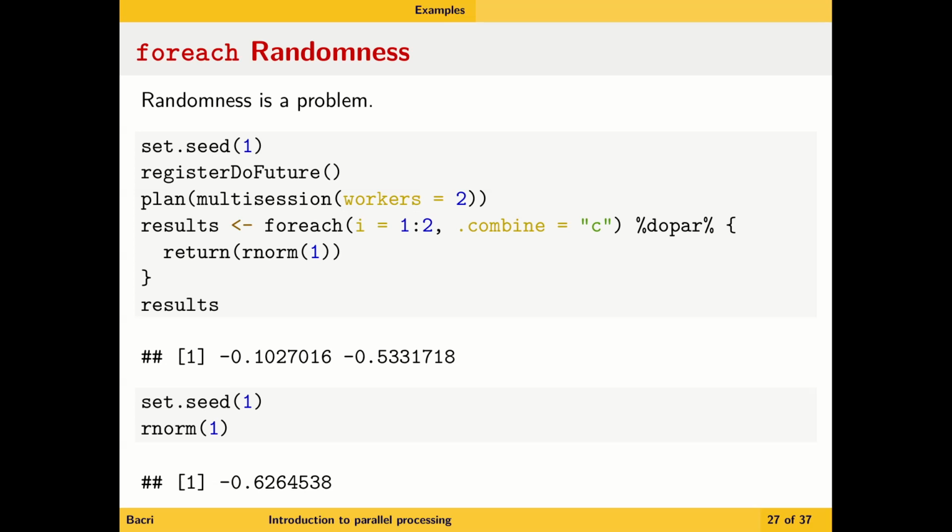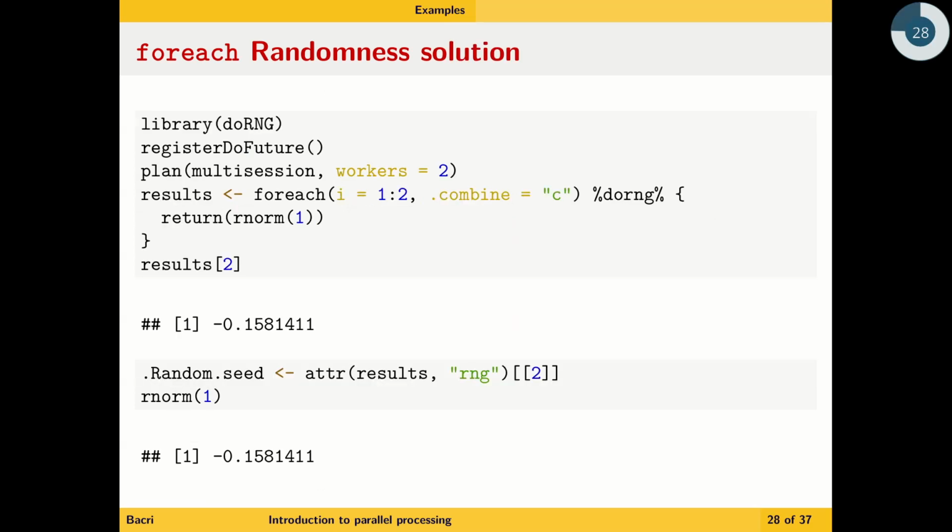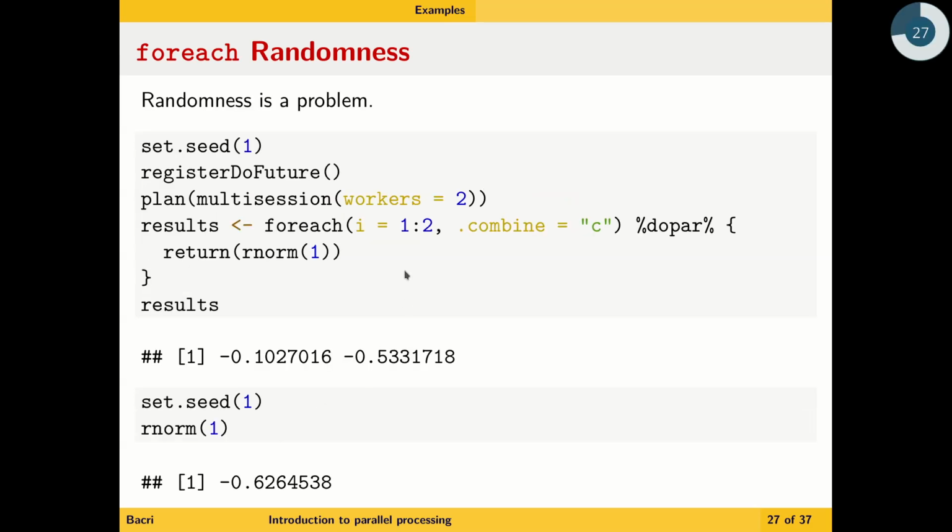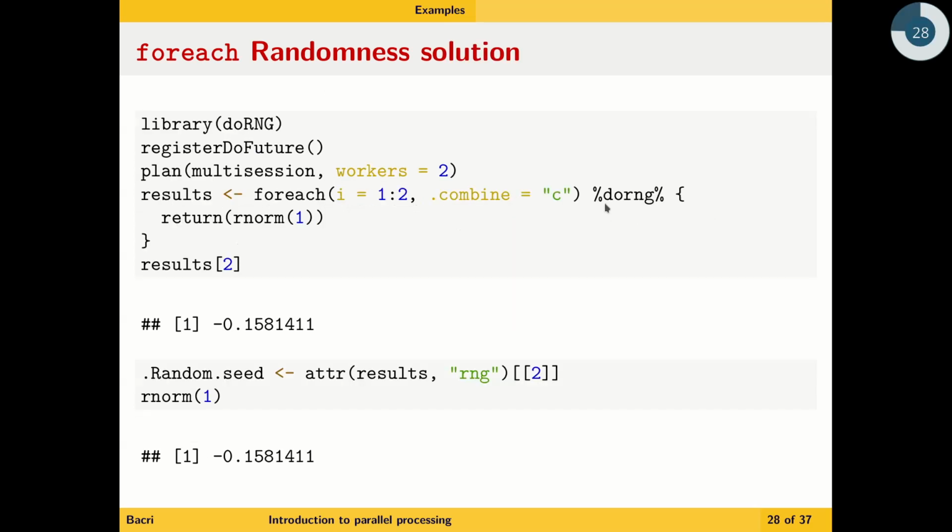So one way to solve this is with a neat package called doRNG, and after you load that package, notice the dopar becomes doRNG. Then you do not even have to set a seed because the results will contain all the necessary information you need to set the randomness. So here I do the same thing as before, and if I look at the second result, I have minus 0.15.